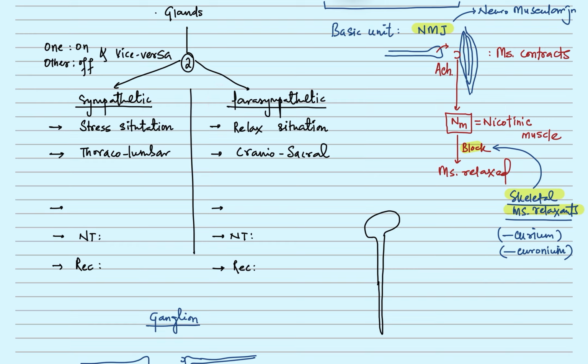As the name suggests, the parasympathetic nervous system is completely paradoxical to the sympathetic nervous system. Paradoxical means completely opposite. The actions performed by the sympathetic nervous system are completely opposite of the parasympathetic nervous system.